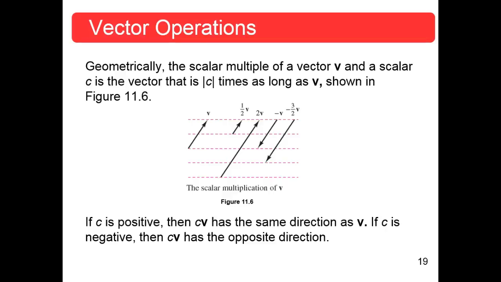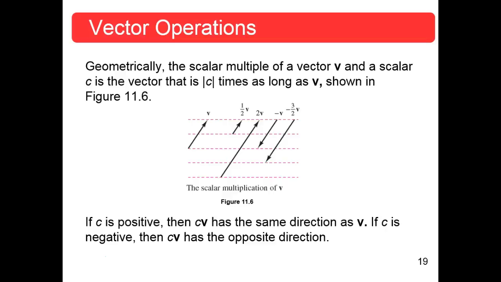If this is your V, then 1/2 V would be in exactly the same direction, but half the magnitude. 2V would be in the same direction, but double the magnitude. Minus V would be the same magnitude, but in exactly the opposite direction. And minus 3/2 V would be in the opposite direction and 1.5 times the magnitude.